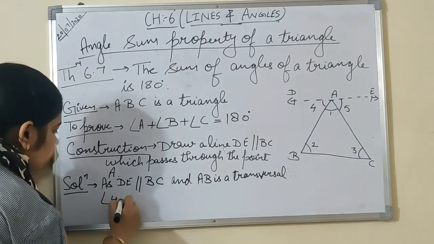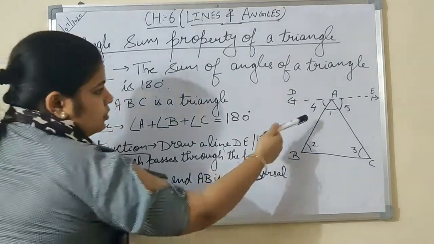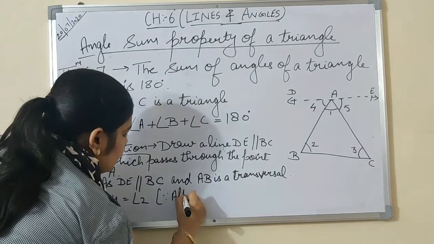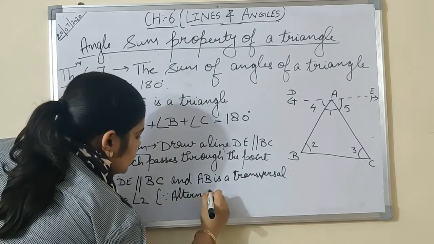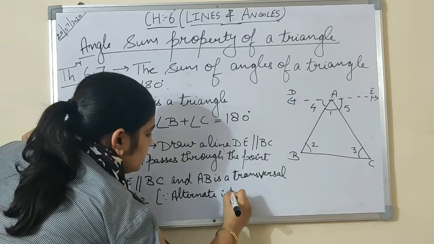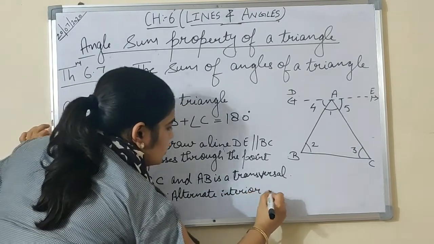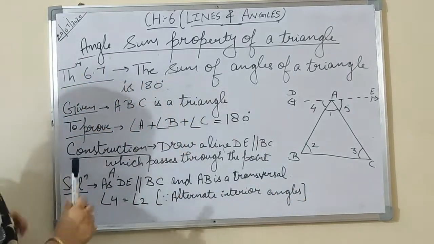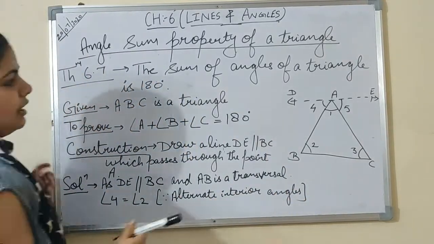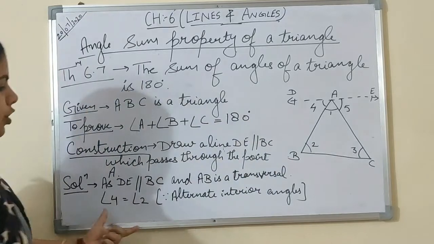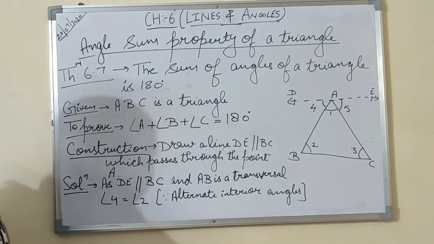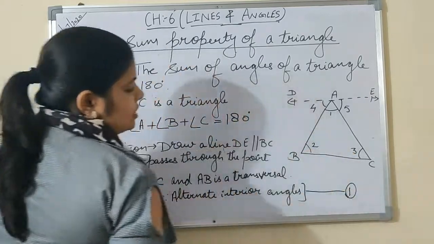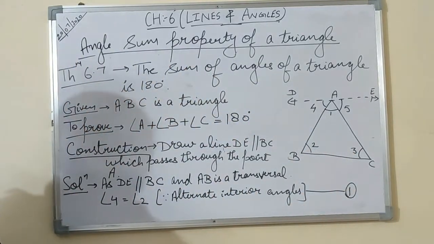That angle 4 is equal to angle 2 because of alternate interior angles. As you all know about this, I have written here that it is because of alternate interior angles. Now name this equation as equation number 1.